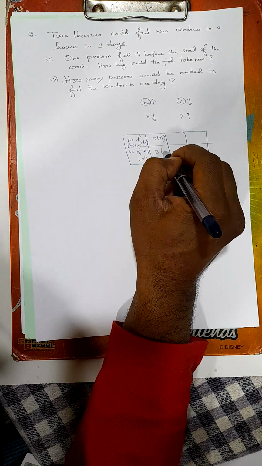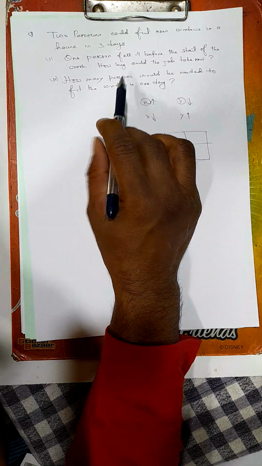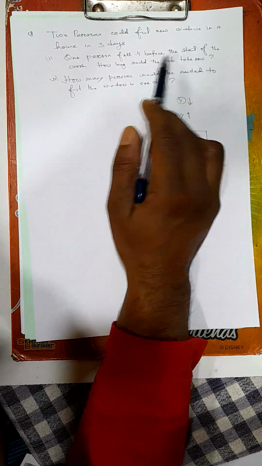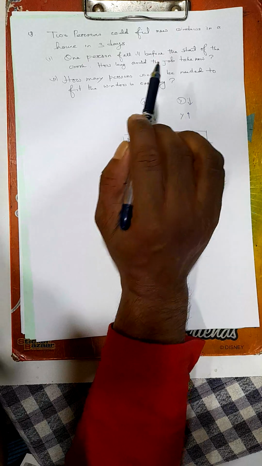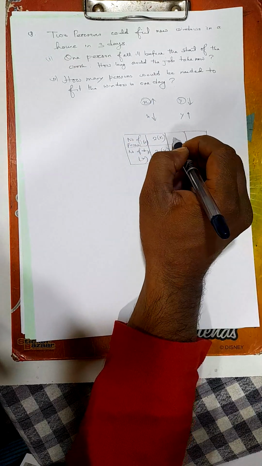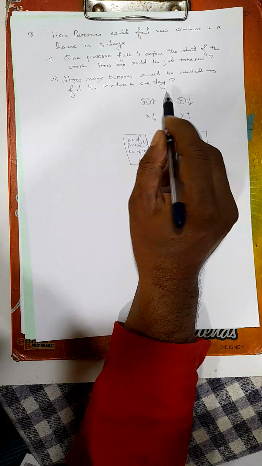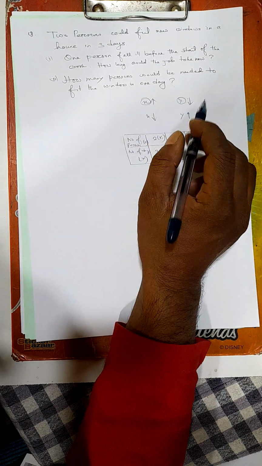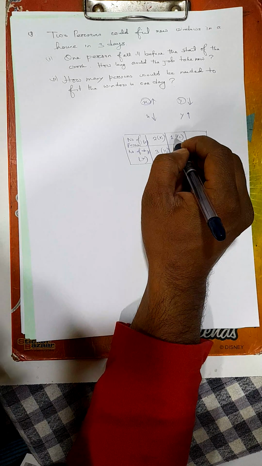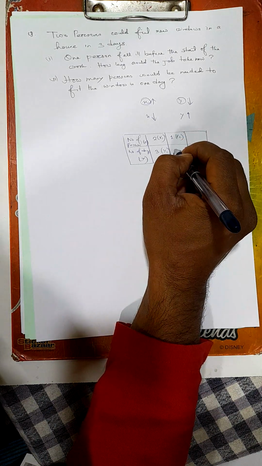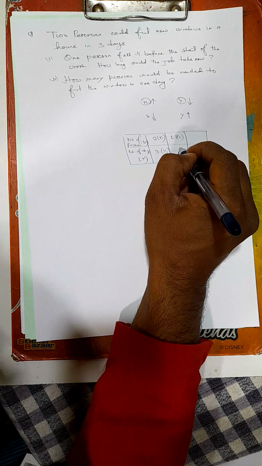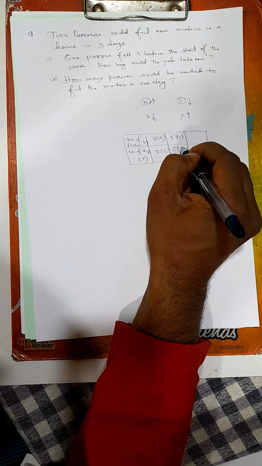This is 3, y1. One person fell ill before the start of the work. That means only one person will do the job. Number of person is 1. So how long would it take to complete the job? So if you deploy one person, how many days will be required to do that job? You have to find y2.